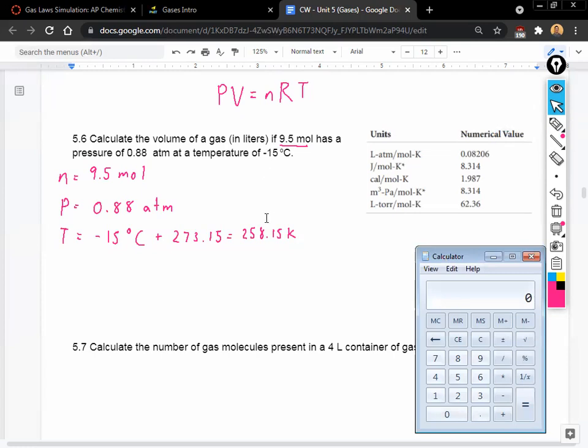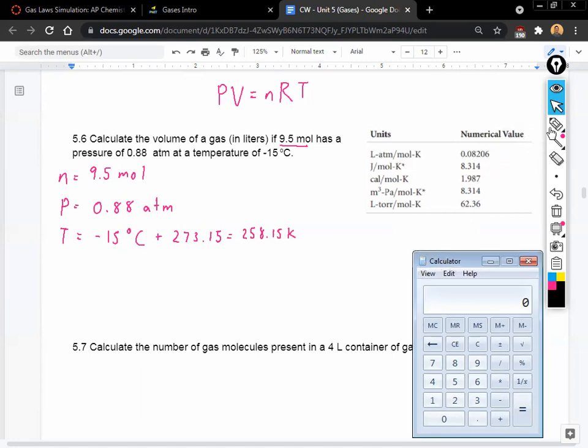You should be plugging in the variables and then figuring out what value we should be using for R. Maybe another 30 seconds to finish that up.